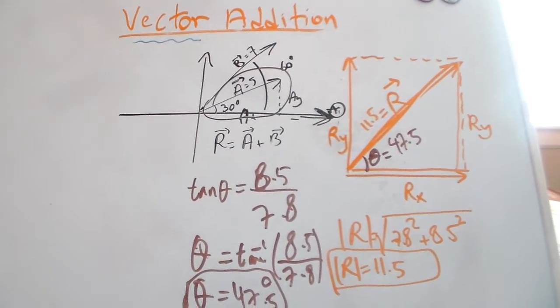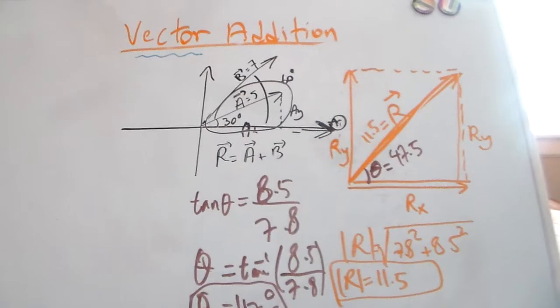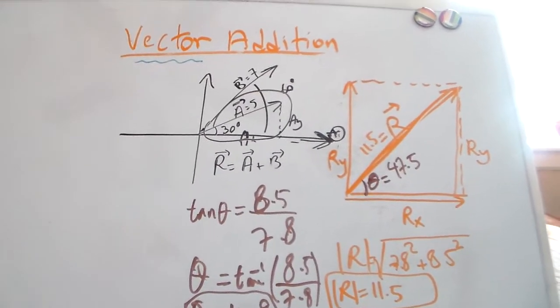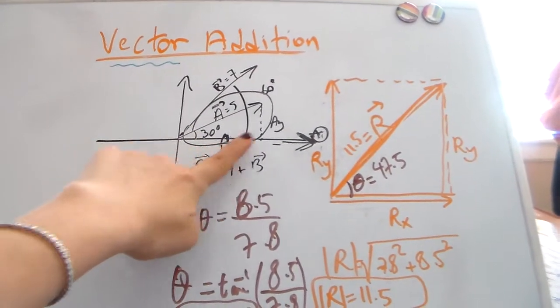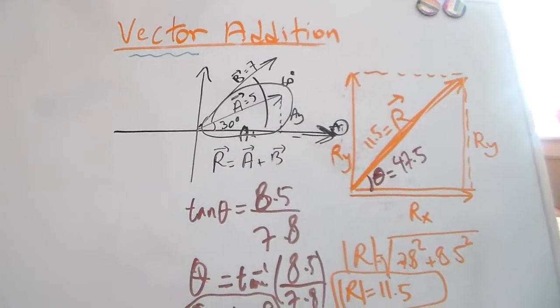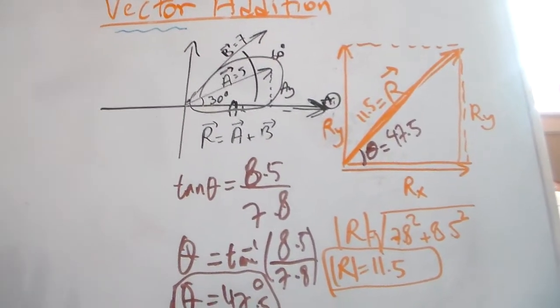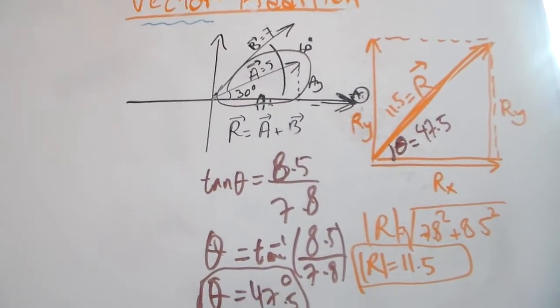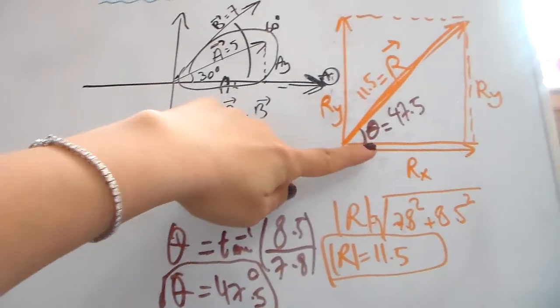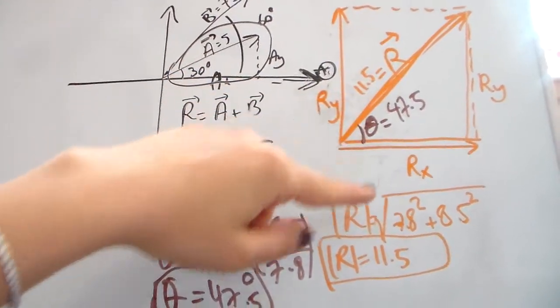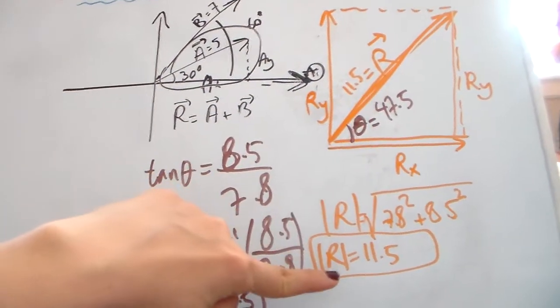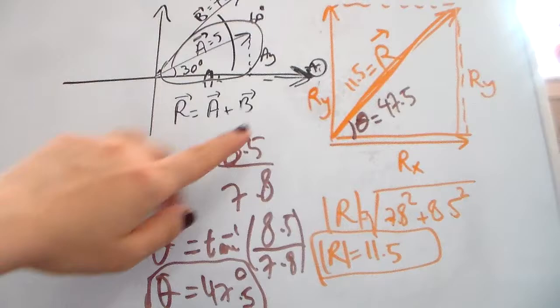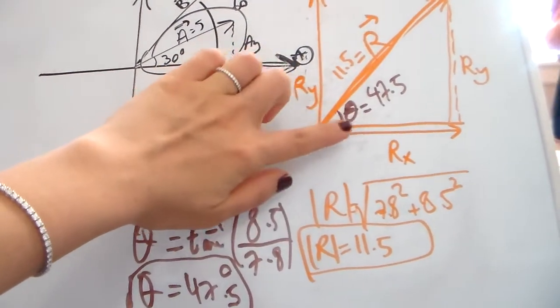So you do all these things no matter how your vector looks like. You just have to split it into x and y components, and then you do the chart, you add, subtract, whatever you have to do with them, you get the resultant. The resultant has its x and y components, then you have the Pythagorean theorem to get the resultant out, and then you specify your angle.